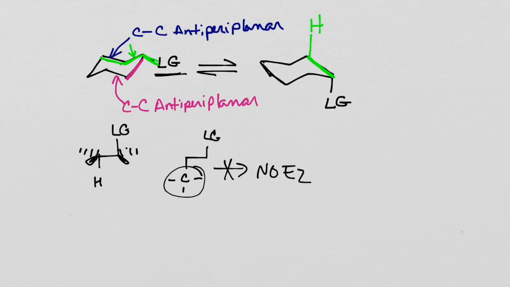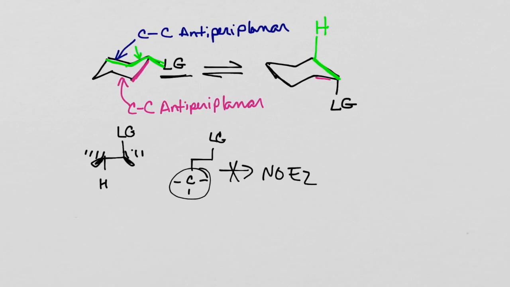And by the same token, if you turn your model so that you can do your Newman projection looking down this carbon-carbon bond, what you're going to see anti-periplanar to the leaving group on this particular carbon is this hydrogen. So what this tells us is that for E2 on a cyclohexane, the only reactive conformations are going to be the conformations where our leaving groups are axial.